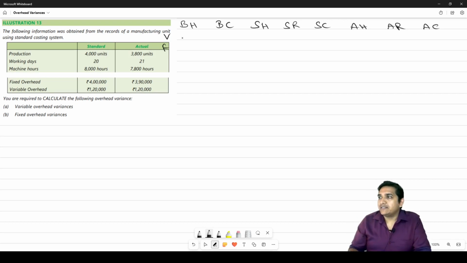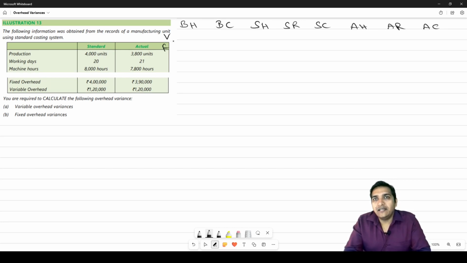Now budgeted hours. So what does the question say? Machine hours, it says 8000 hours standard. Even though the question says standard, that will be taken as budgeted hours. Why? Because in the first line of the table, the question says the production standard is 4000 units.